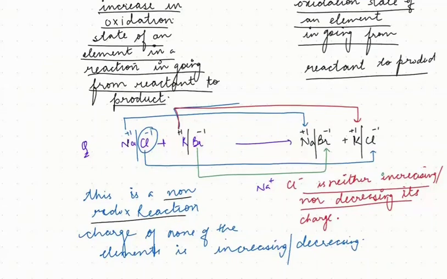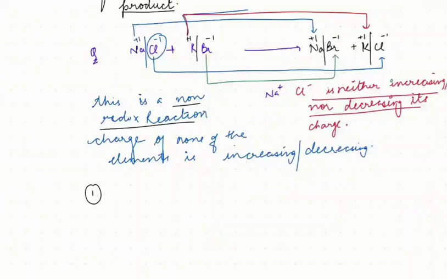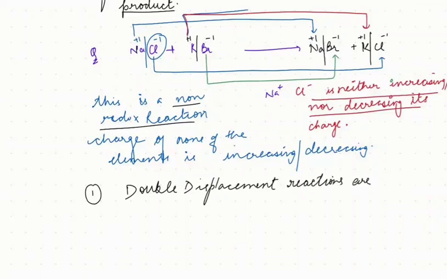So from here, the first thing that we understand is that double displacement reactions are not redox reactions. You understand?